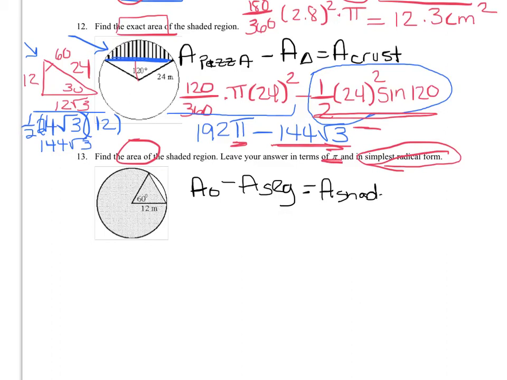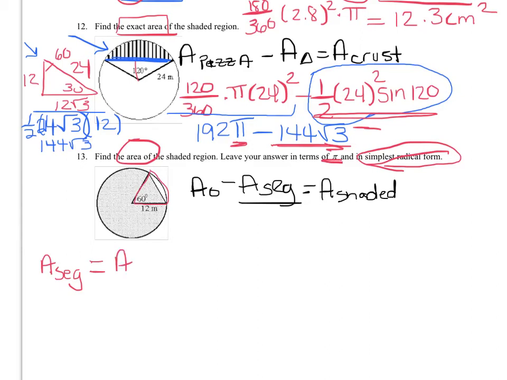So the problem here is not really a problem, but the length of this problem is involved when we find the area of the segment, because we have to do what we did above. So over in this little corner, I'm going to do that. So the area of the segment, or the crust, is equal to the area of the whole piece of pizza, like this whole thing, including that non-shaded area.